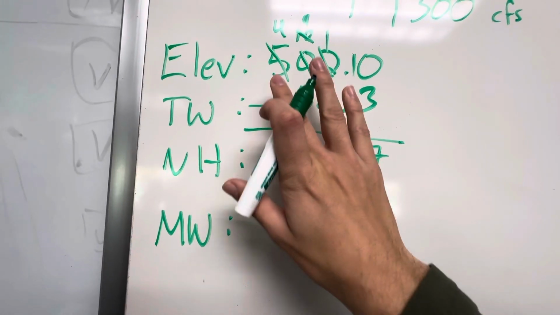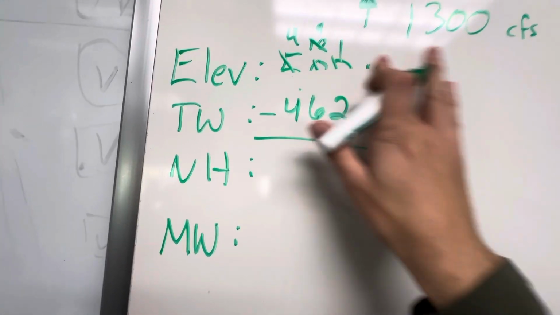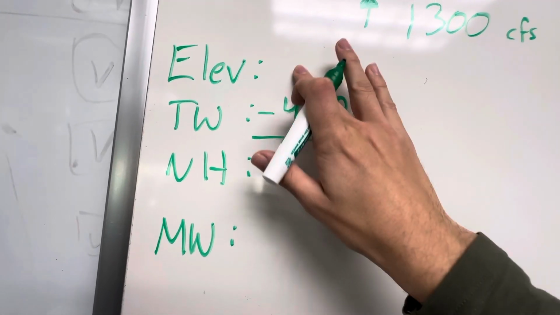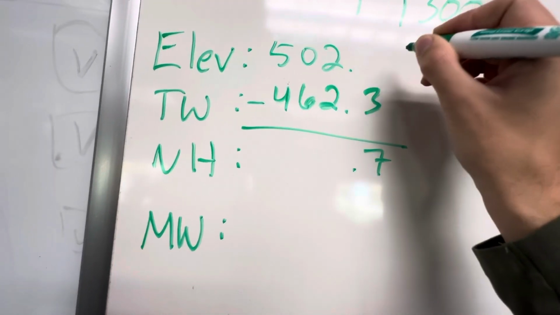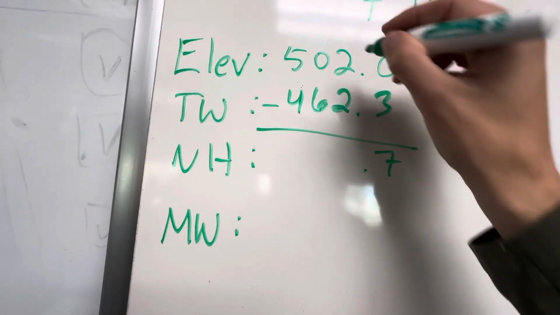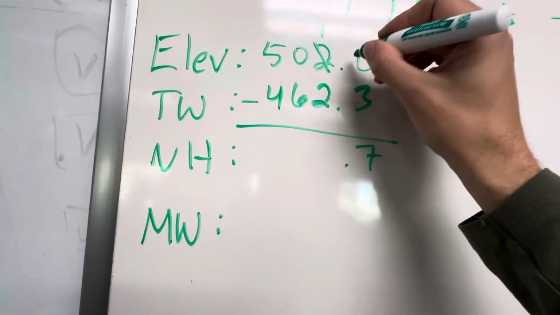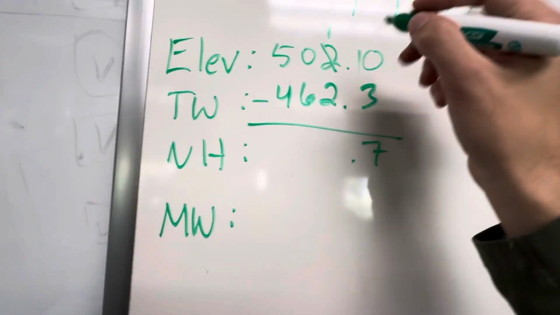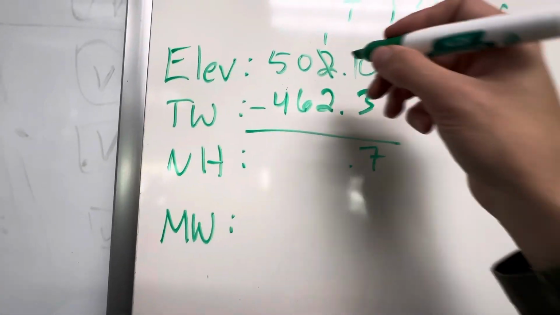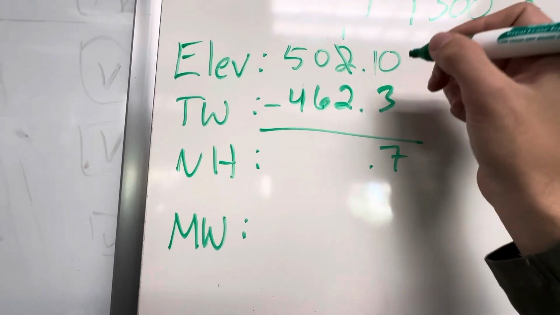Forgive me. 502. I know this isn't an inspiring start to this video. 502.0. We had to borrow from this, right? Because I made that a 10. I don't have a calculator on because I'm using my phone to film this. So this is a 1. That's a 7. We're on track.